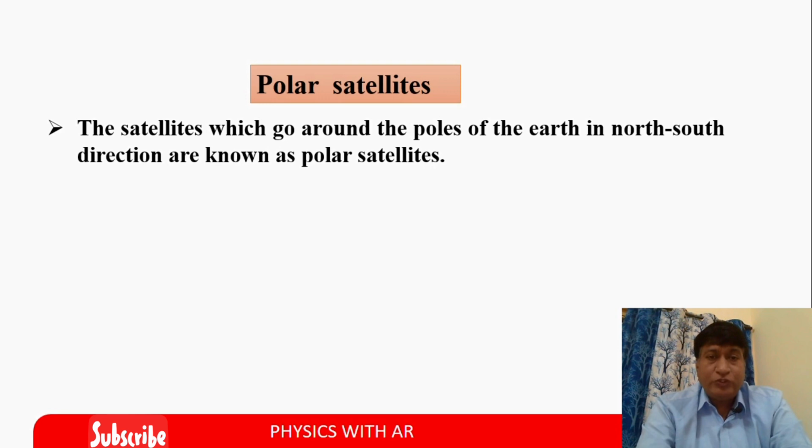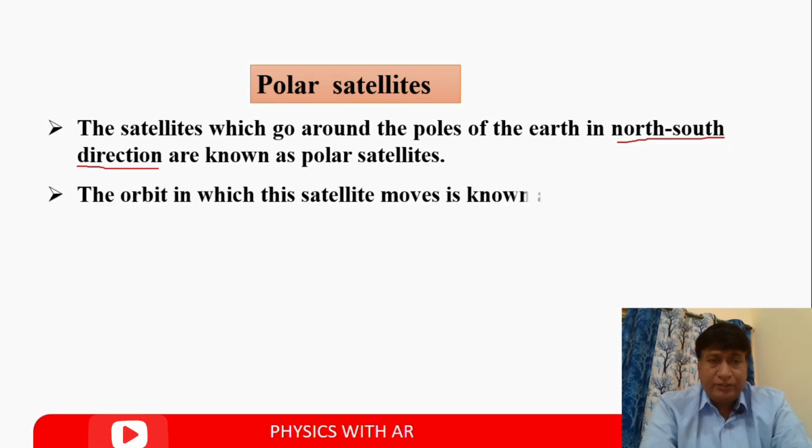The satellites which go around the poles of the Earth in the north-south direction are known as polar satellites, whereas geostationary satellites revolve from west to east, and polar satellites rotate in the north-south direction, which we can see here. The orbit in which this satellite moves is known as a polar orbit.